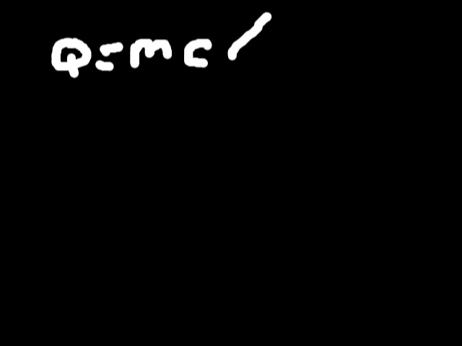The main equation is Q equals MC delta T. What do all these things stand for? Q right here stands for heat transfer to a material. M is the mass, obviously. C is the specific heat, and delta T is a change in temperature.